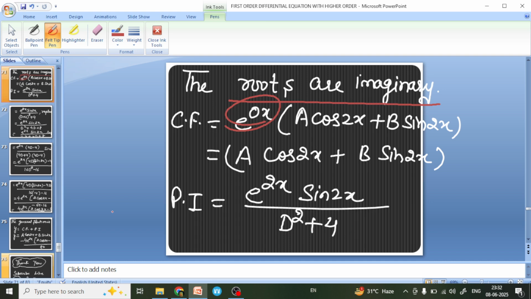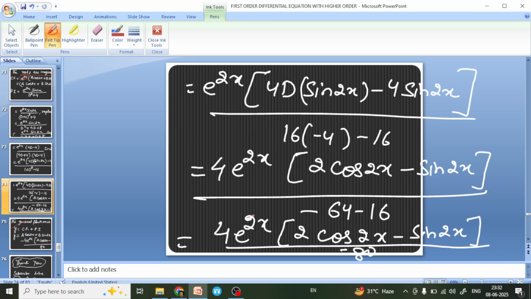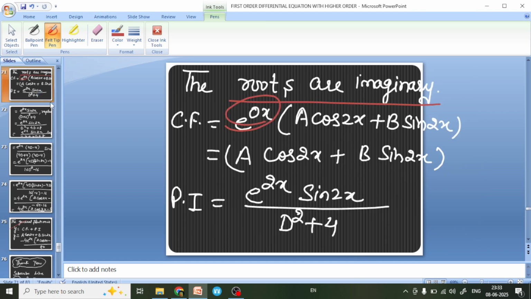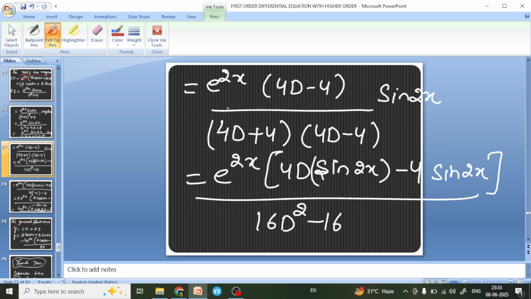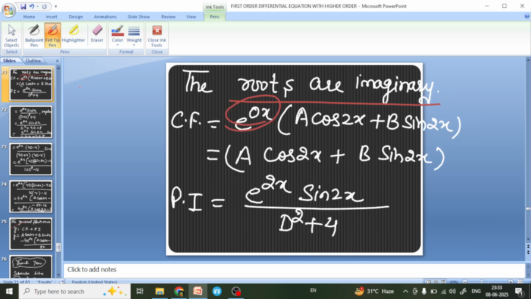It is here PI, and after that we put it in the general solution CF plus PI. How to find this? Just a minute.